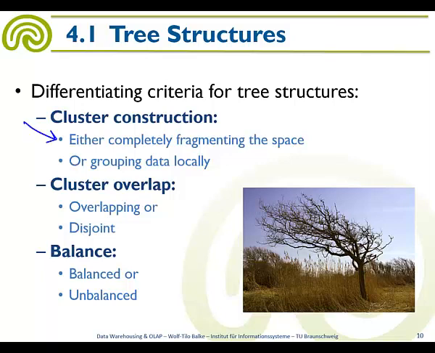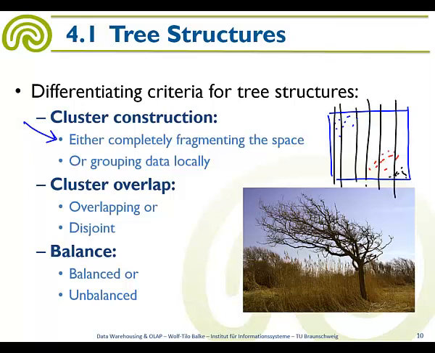Well, you have two options. Either you fragment the space completely. That would mean something like having a grid structure. So you have all the points that were here as well, if my memory serves me right. And then you basically construct something like a grid. So you completely fragment the space, and then each point is in a cell, and is described by this cell.